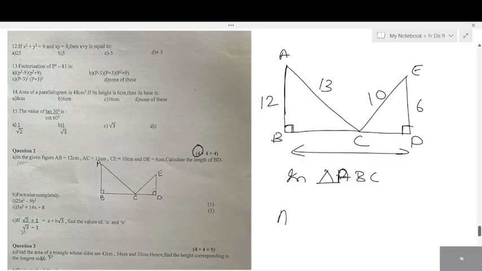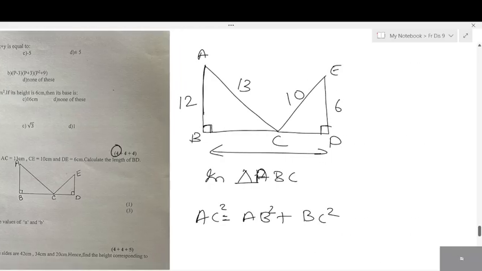Which is the hypotenuse? AC square is equal to AB square plus BC square. Yes, through this you'll get BC. Then next, try the next one. In triangle CDE, apply Pythagoras for triangle CDE.